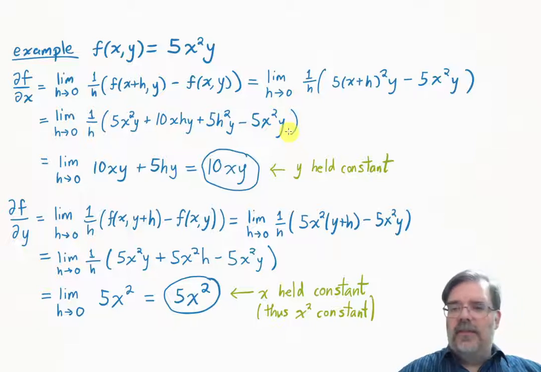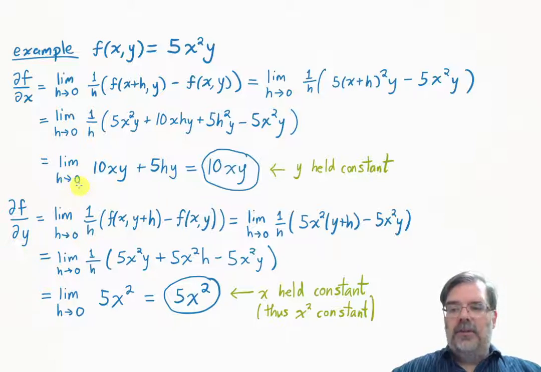This actually simplifies very nicely, as all these problems do. 5x squared y and minus 5x squared y, that first and last term cancel. Every other term contains an h, so we can cancel one factor of h with this fraction 1 over h. That leaves us with this expression.